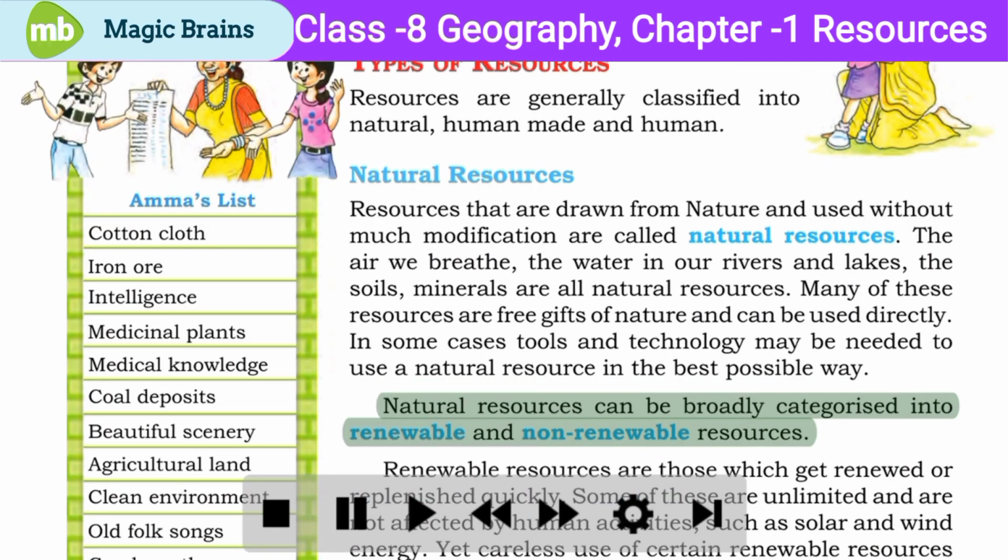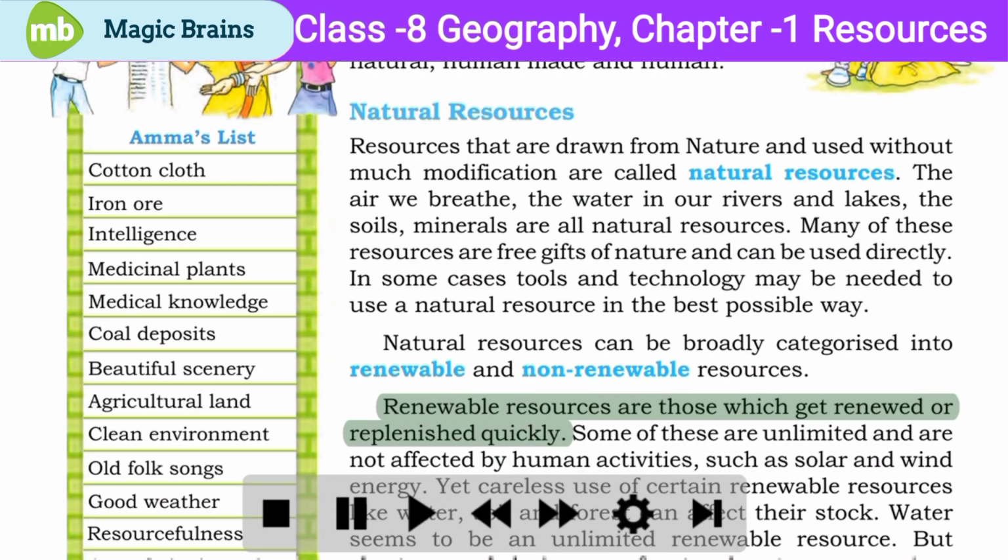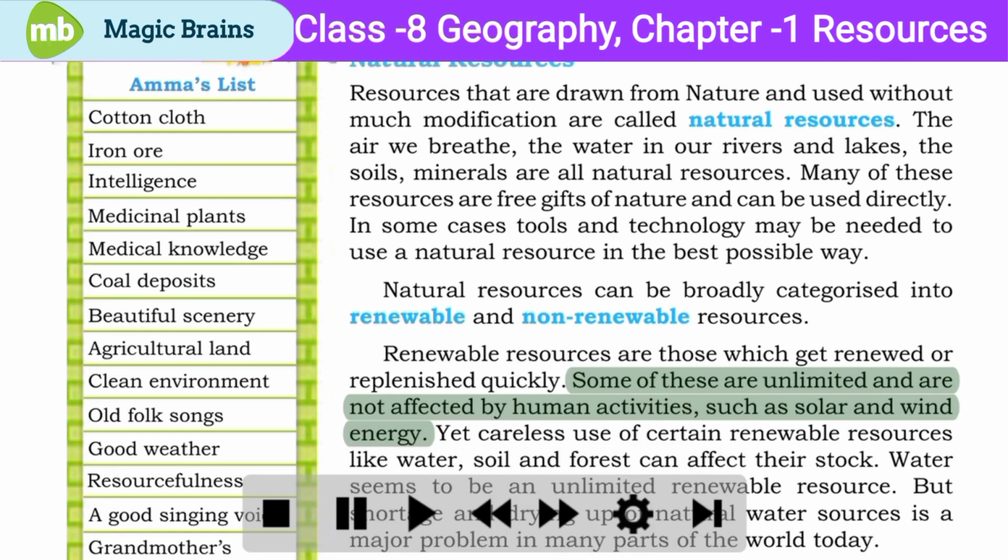Natural resources can be broadly categorized into renewable and non-renewable resources. Renewable resources are those which get renewed or replenished quickly. Some of these are unlimited and are not affected by human activities, such as solar and wind energy.